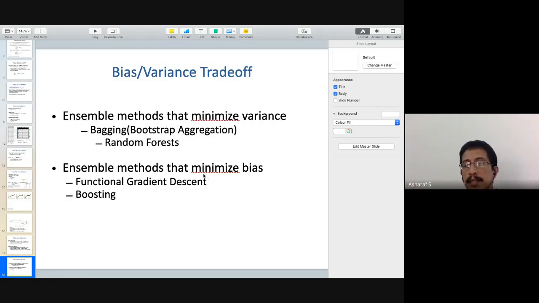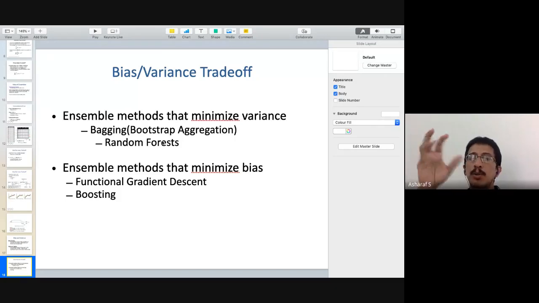And there is another type of ensemble method, which works on the complexity of the model: how you weigh the models, or how you combine models in such a way that the model complexity is under control, and you can minimize bias to have control over the error.